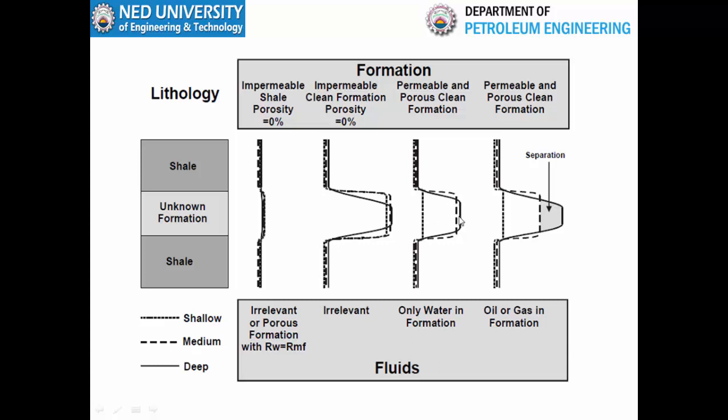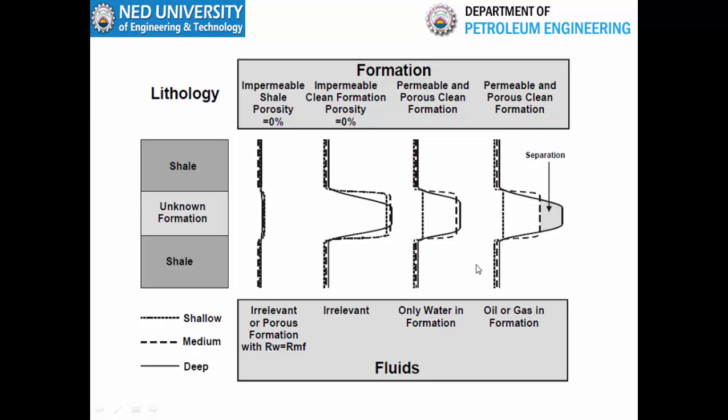If you do not have any appreciable difference between the low and high resistivity, you will not say that the formation contains hydrocarbon. So if the deep resistivity is closer to your shallow resistivity, it means that the formation contains water only. But if you have this separation between the deep and the shallowest resistivity, that indicates that the formation is porous and permeable and contains hydrocarbon.